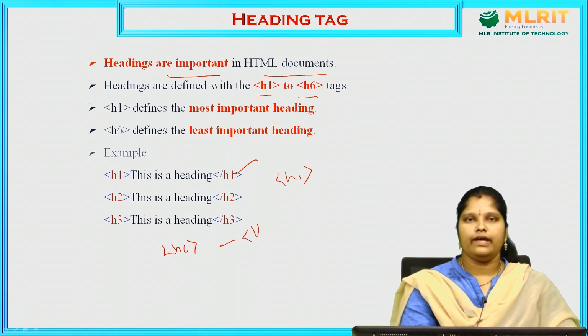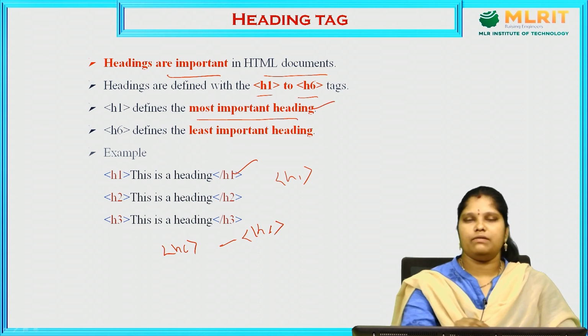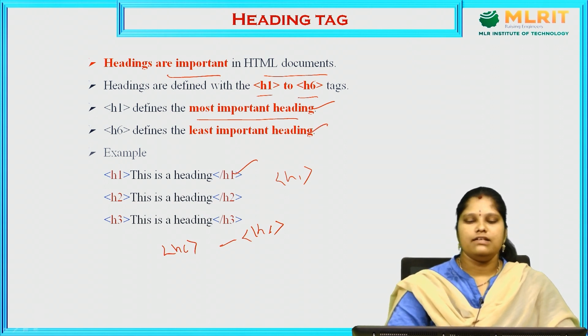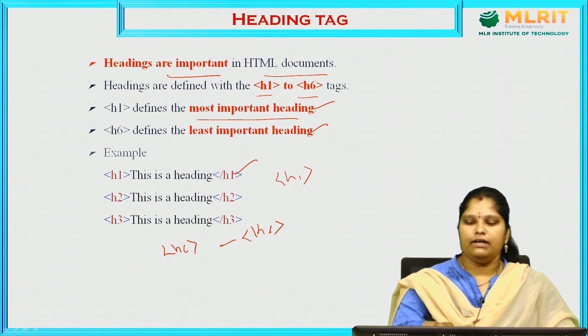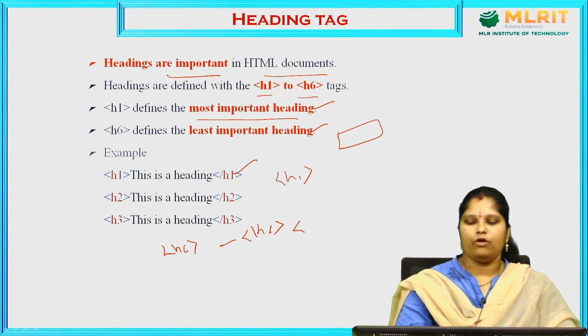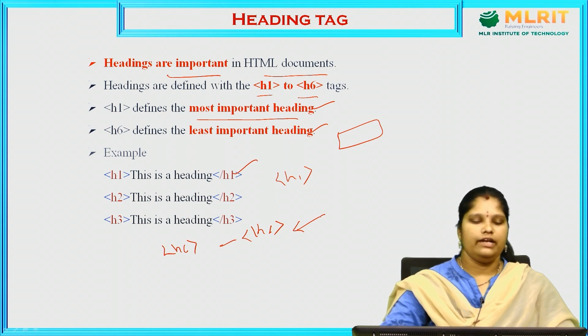H1 defines the most important heading and H6 defines the least important heading. The main heading is placed in H1 and less important information is stored in the H6 headings, right?